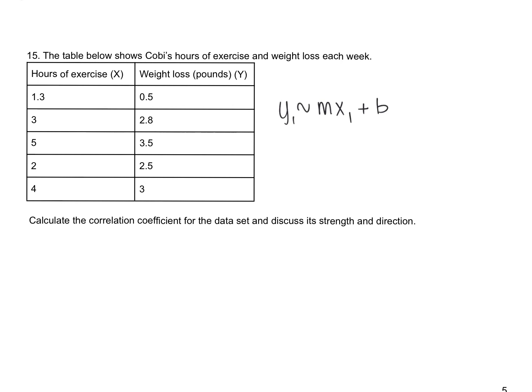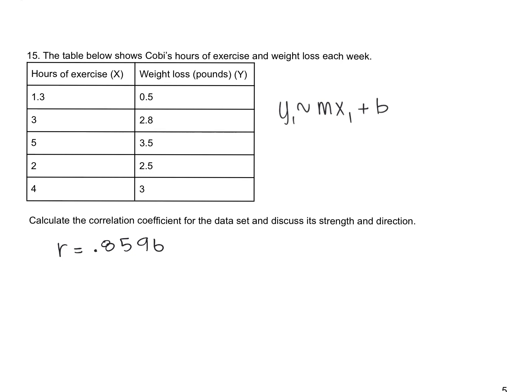It'll give you r squared and r, and then below that it will give you your m and b for slope and y-intercept. So what we want is the correlation coefficient, which is r. So r is going to equal 0.8596.